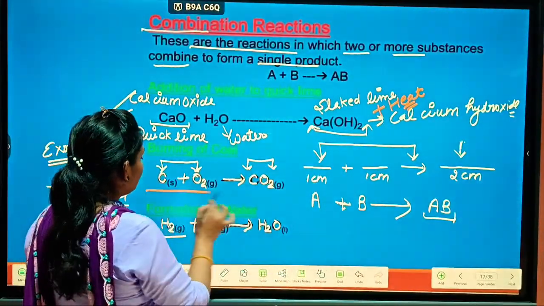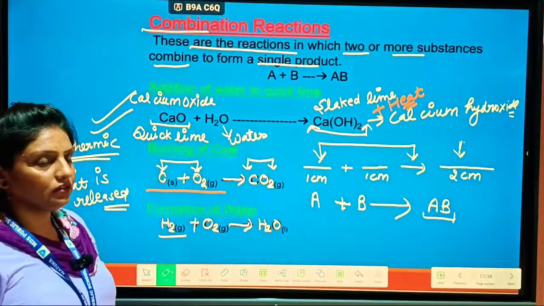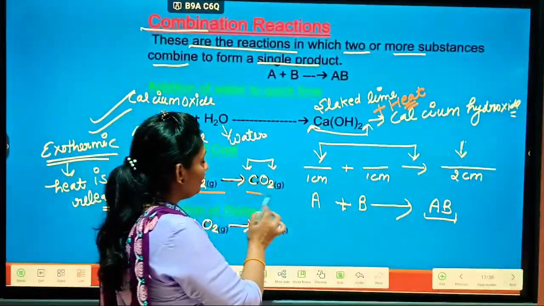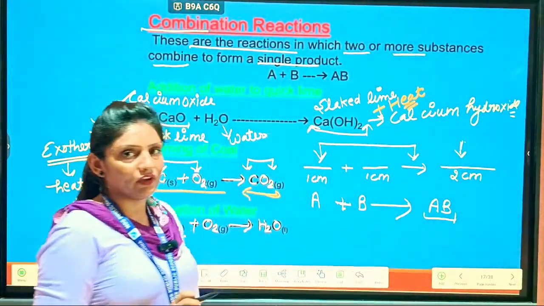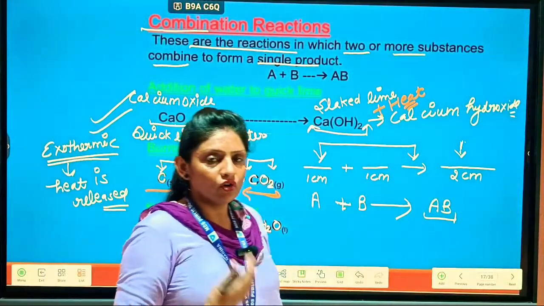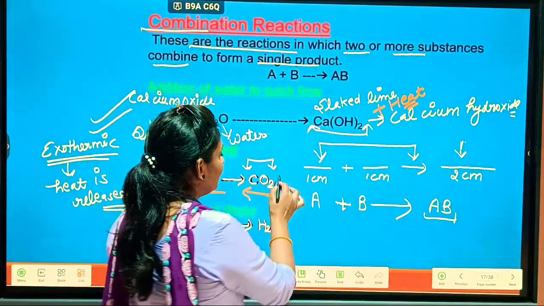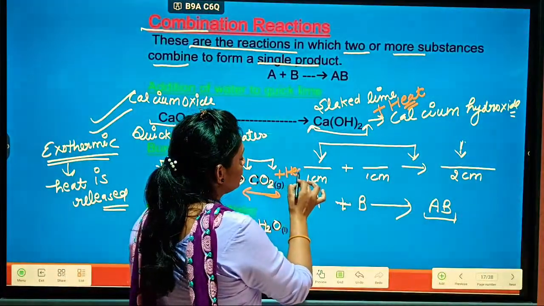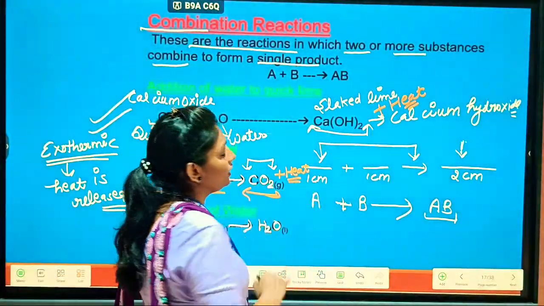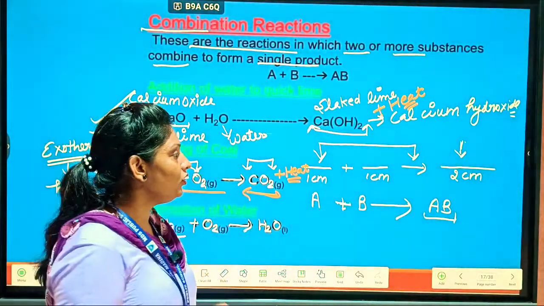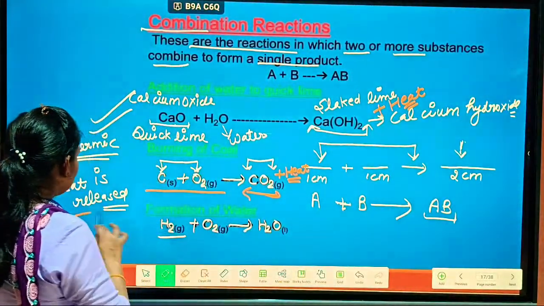Here also, students, when you burn coal, some carbon dioxide is produced, and you know very well, during burning of coal, some heat is also produced. So students, here also heat production takes place. Some amount of heat is also released here. So it is also an exothermic process.